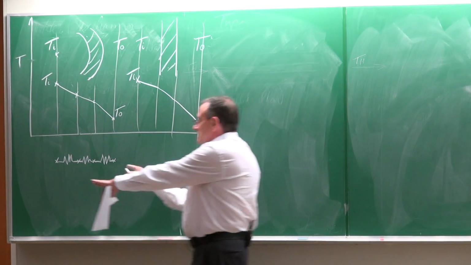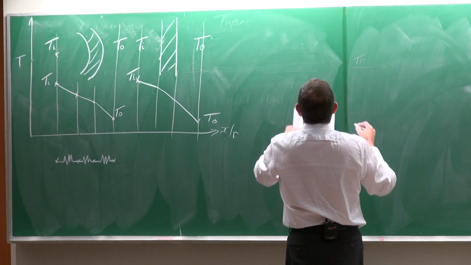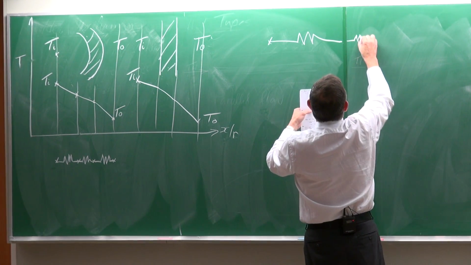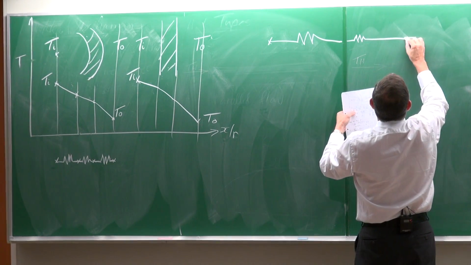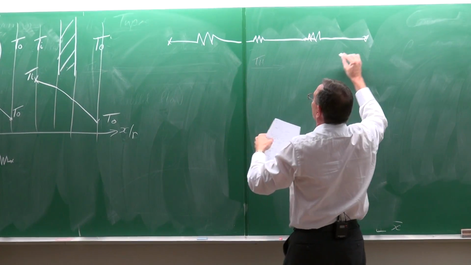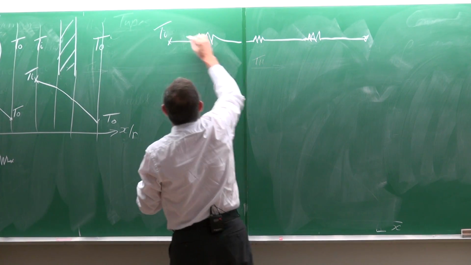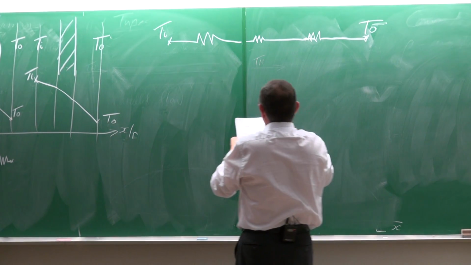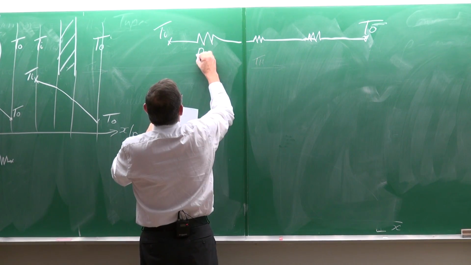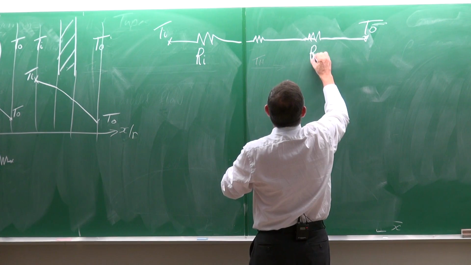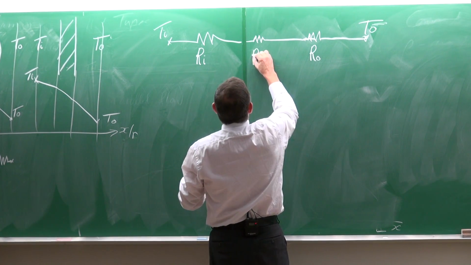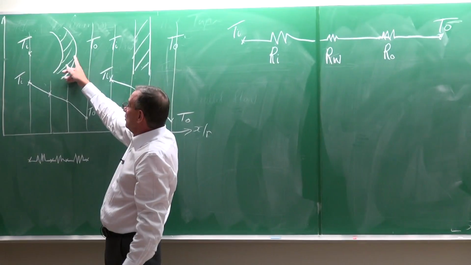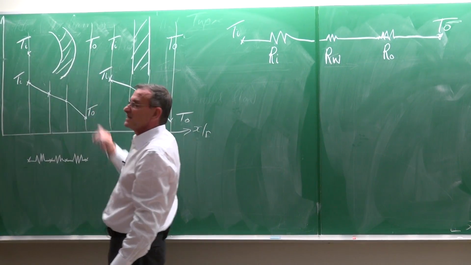Okay. I'm going to take this thing and just make it a little bit larger. Like that. Ti and T0. Okay. This is going to be the resistance on the inside, that's the resistance on the outside, and this is going to be the resistance of the wall. This is the resistance of the wall, the resistance on the inside, and the resistance on the outside.